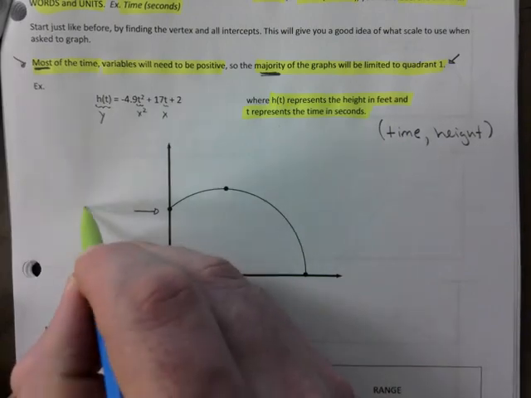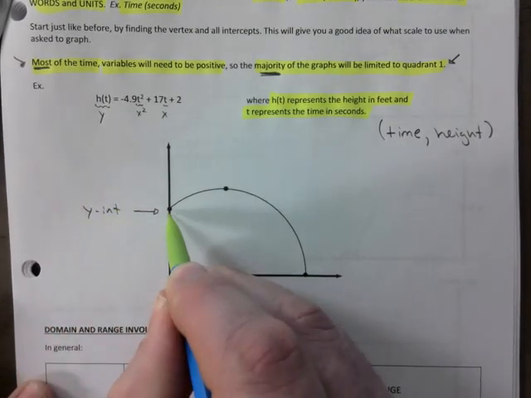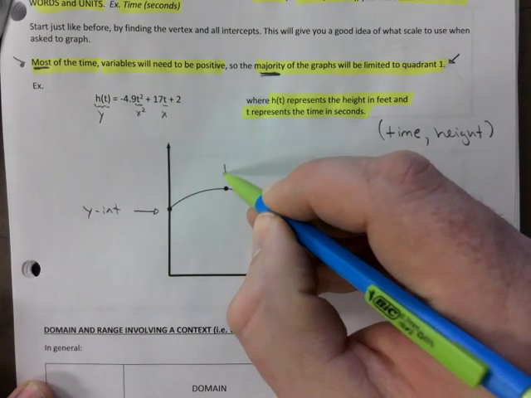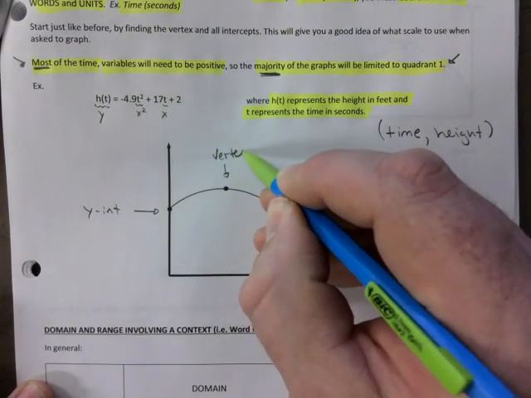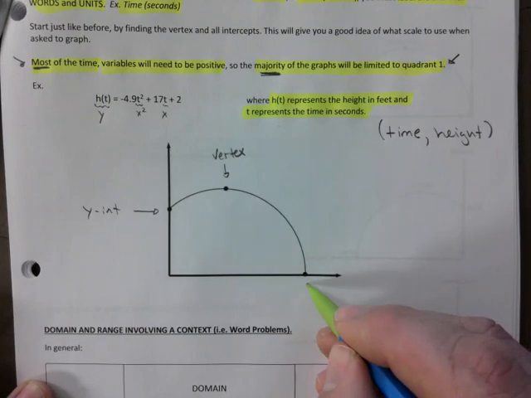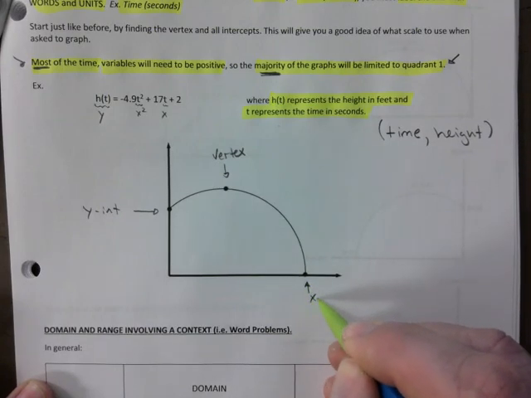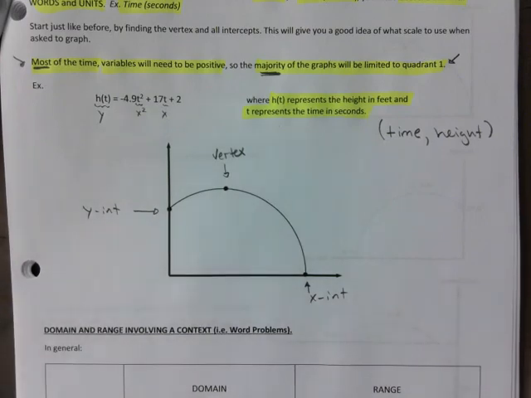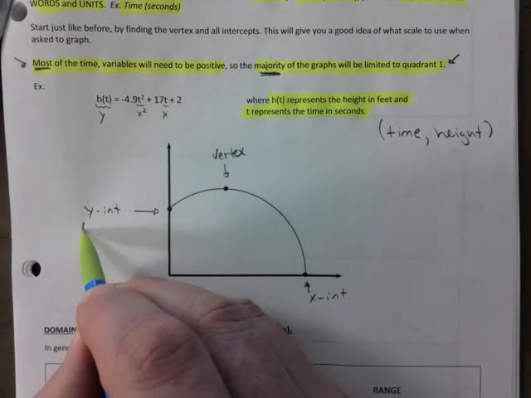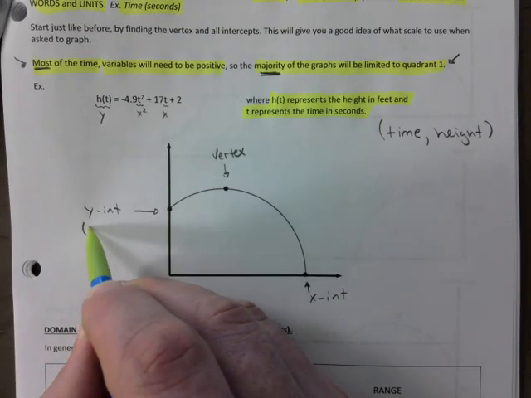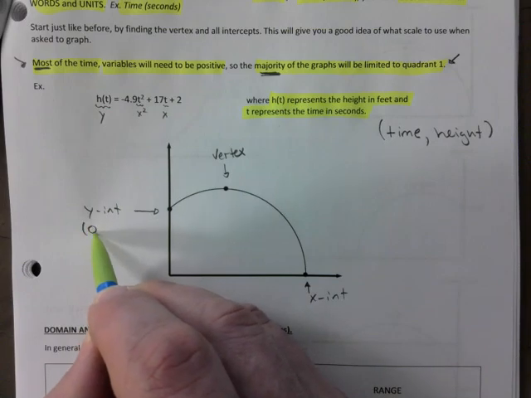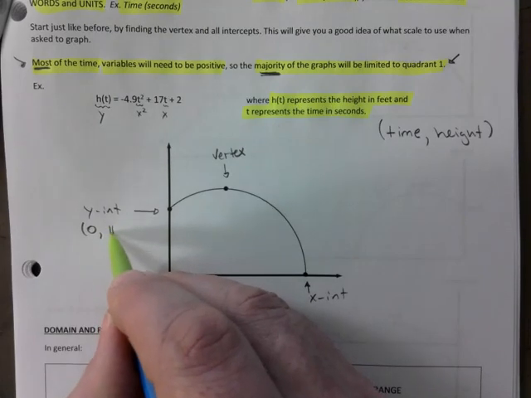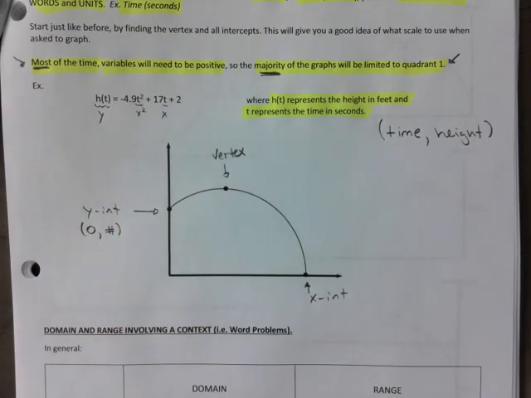We had a specific name for these ones. This would be our y-intercept. This would be our vertex. And this is our x-intercept, correct? All right. So how do you write the y-intercept normally? The x value will be 0, and you'll have a number here. 0 is also a number, I know, but you know what I mean?